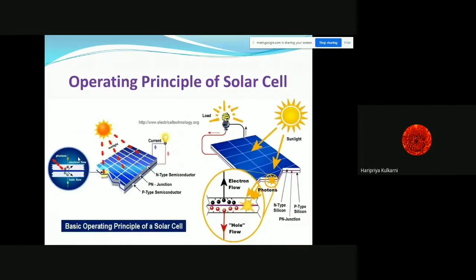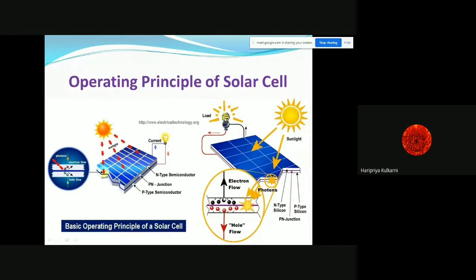Now we'll see the basic operating principle of a solar cell. As we have studied, this is a solar panel, and this is sunlight falling on it. Here I have shown the cut section to show you the N layer, P layer, and in between them the depletion layer. When sufficient light is there and the junction becomes forward bias, then flow of electrons will take place for the current flow.